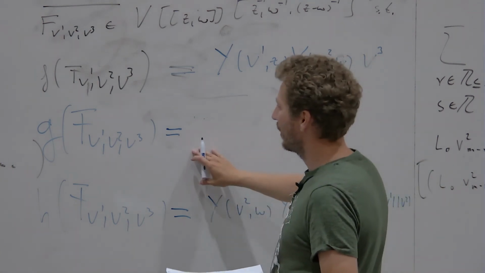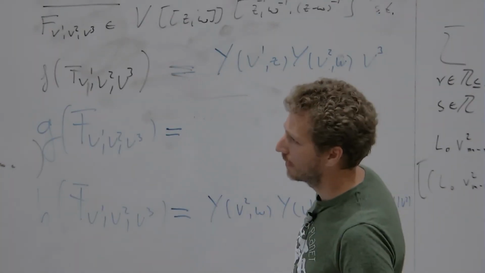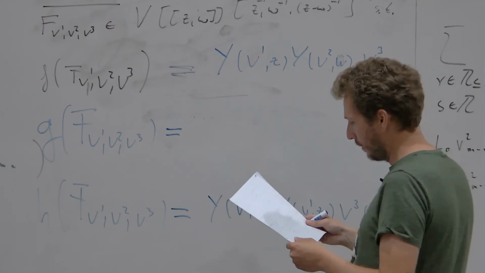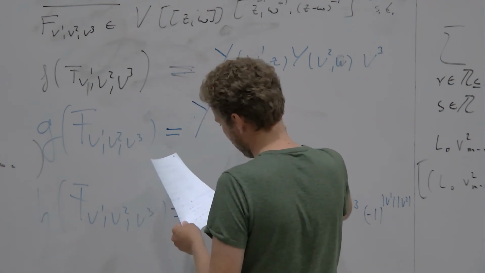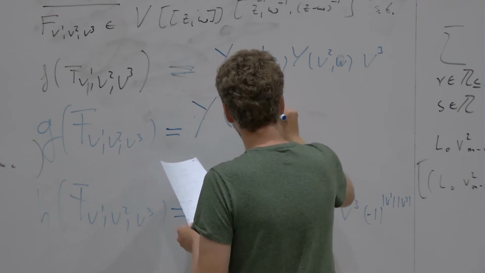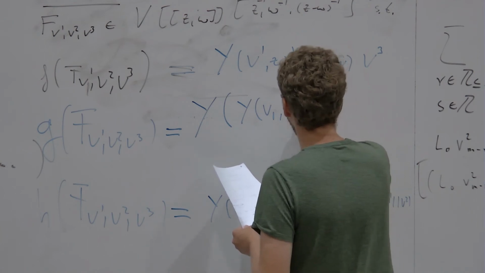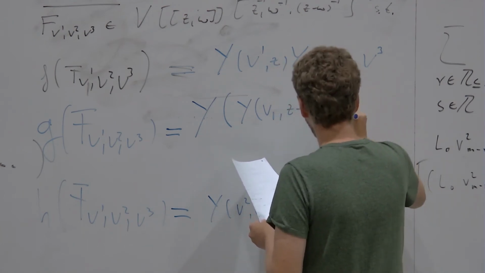And now, how can we possibly get a Laurent series in Z minus W? Well, then our insertion point must be Z minus W, and what you do is you take the field Y corresponding to the field V1 evaluated in the formal variable Z minus W, acting on the second vector.